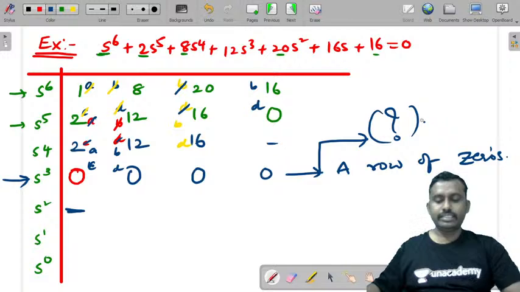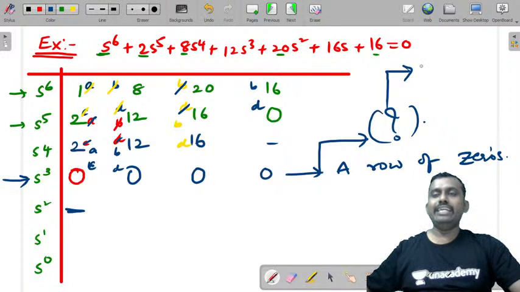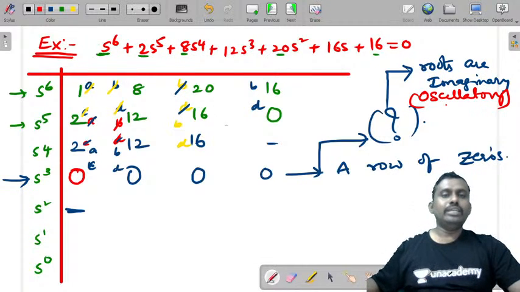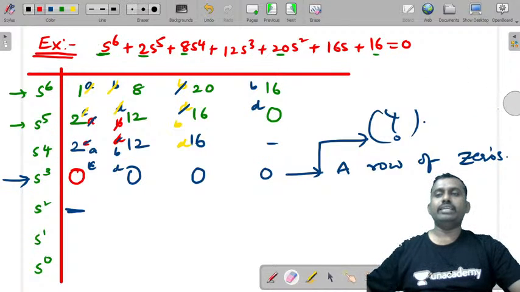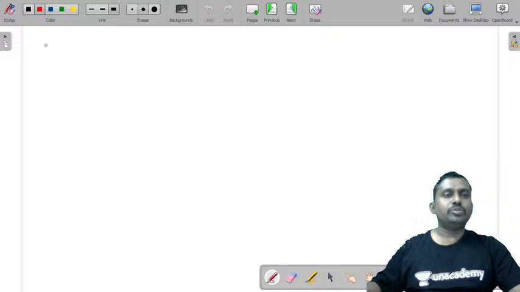Whenever you have all zeros, it indicates the roots are on the imaginary axis and it is basically an oscillatory system. We'll also discuss these things a little later, but what you have to do mathematically whenever you have such an all zeros case, I'll tell you in a separate page, then we'll come back and try to solve.